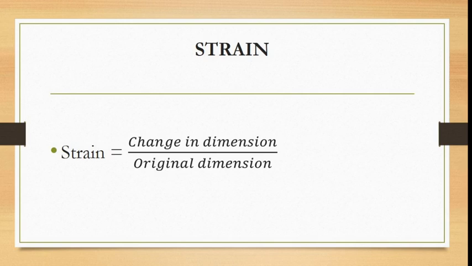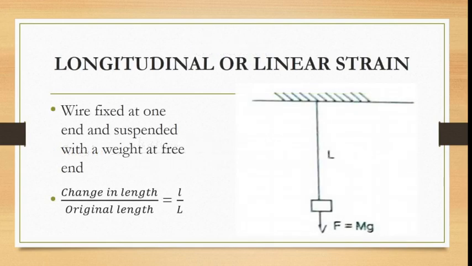So the first stress we had discussed is longitudinal or linear stress. So the corresponding strain will be longitudinal or linear strain. Here we can consider a wire which is fixed at the upper end and is suspended with a weight at the free end.